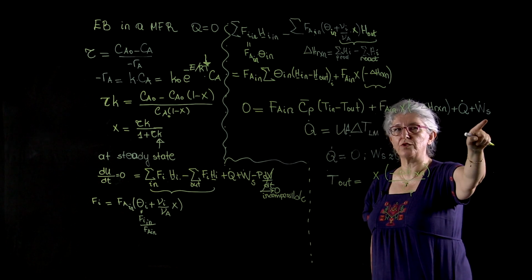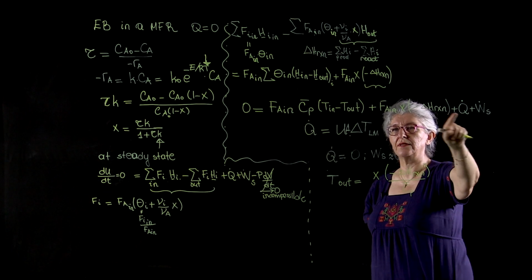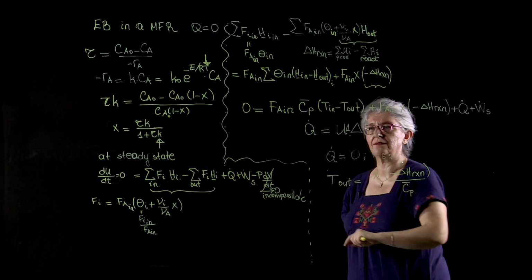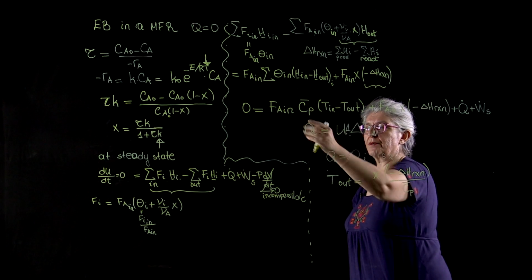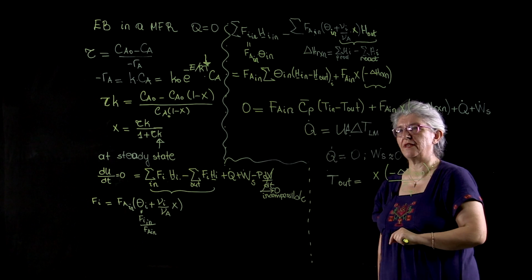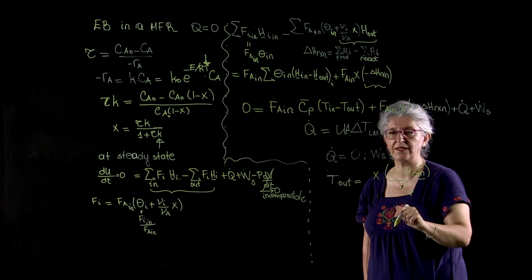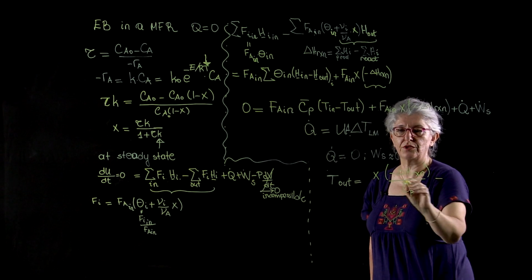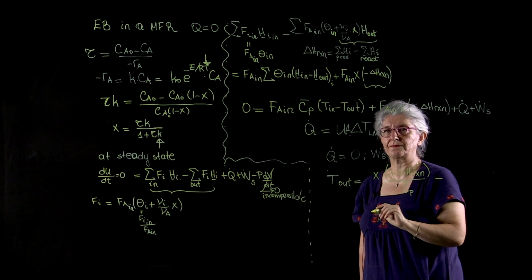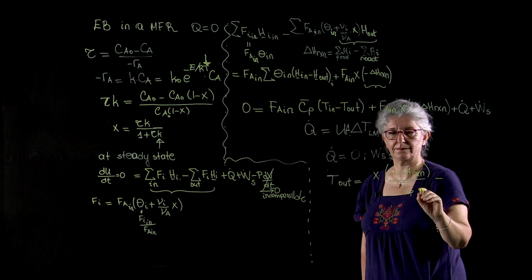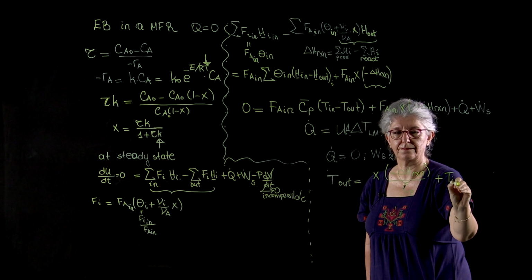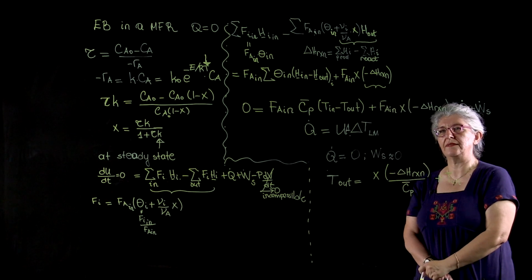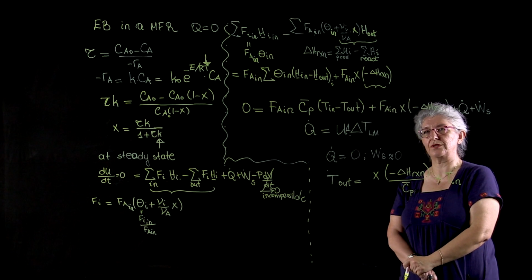When heat and shaft work terms are cancelled, Fa in terms cancel one another, and the temperatures transferred to the left side of the equation change sign. Of course, this is going to have an inlet temperature as well.